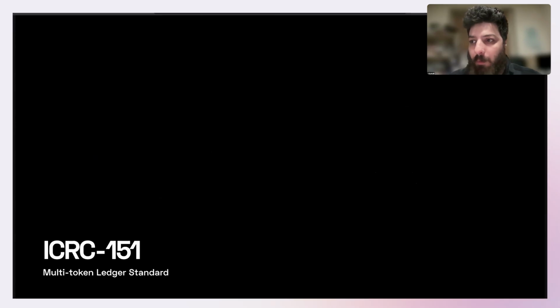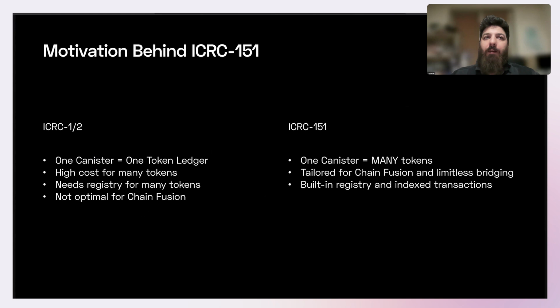Many of you are aware of ICRC 1, 2, and 3 standards. And when we started building the xFusion, we saw a minor problem because we wanted to allow users to create tokens with their own bundles, and we didn't want to obviously deploy a new ICRC 1 or ICRC 2 ledger every time user created a new bundle.